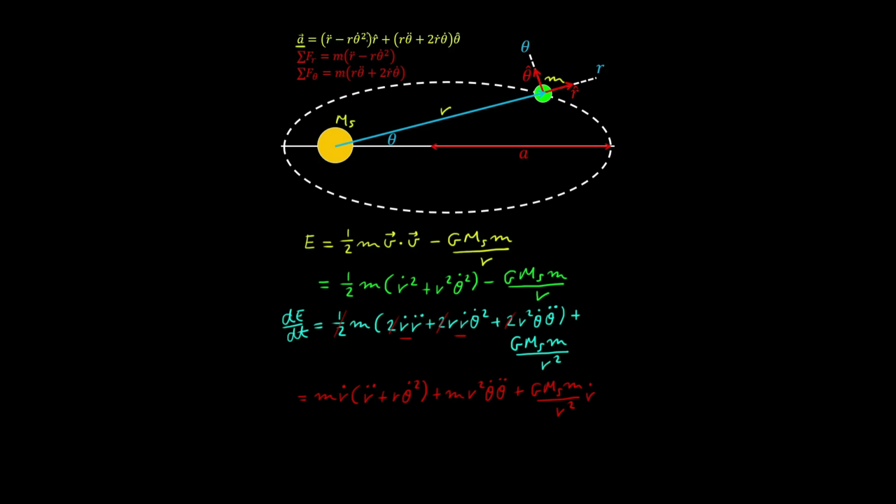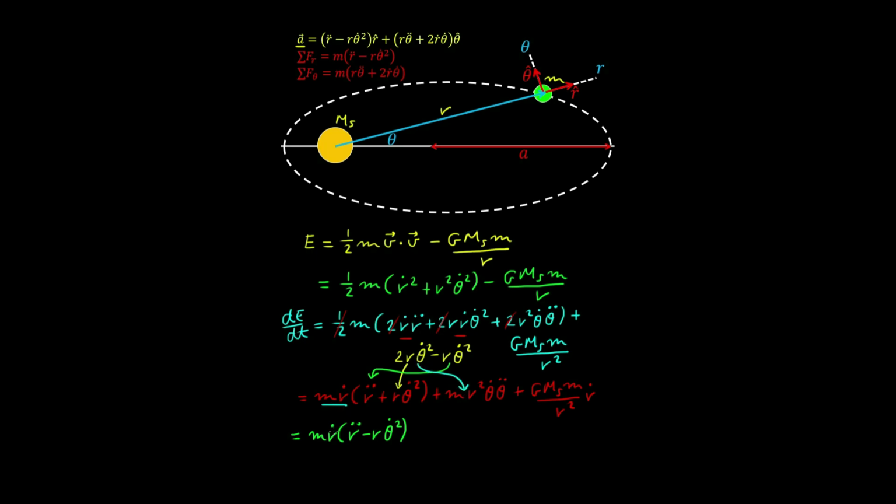And then using the acceleration as a guide, we can rewrite this term as follows. And then grouping this term with the first one, then we can group this term with this one.